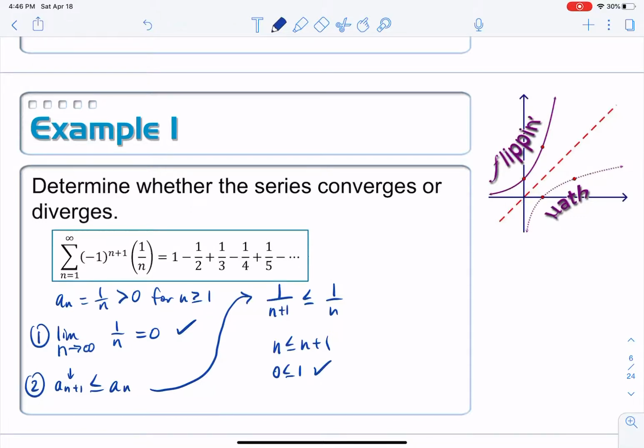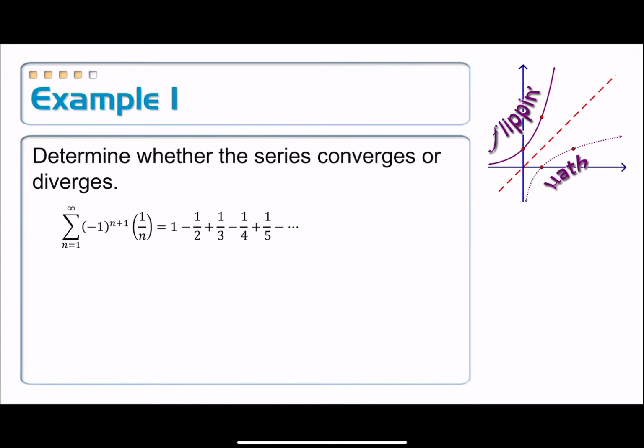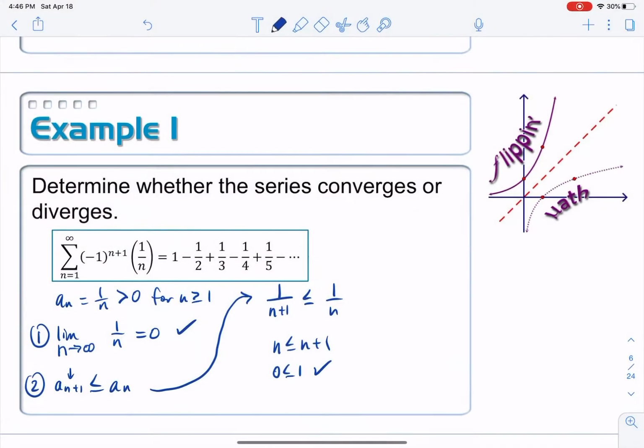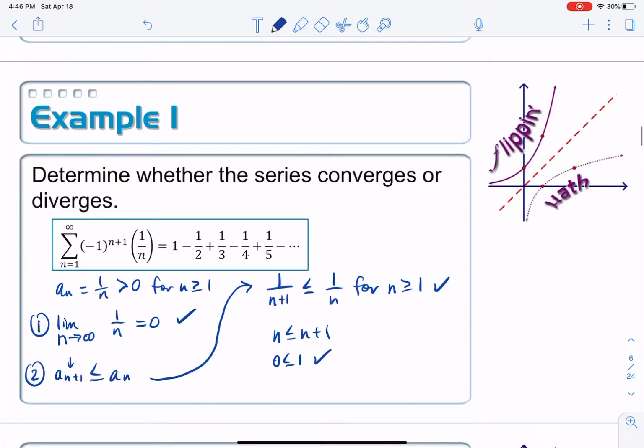So this is true, and I just need it for n greater than or equal to 1. So it checks off. Both conditions are met for the alternating series test. I'm just going to point that out in my conclusion.